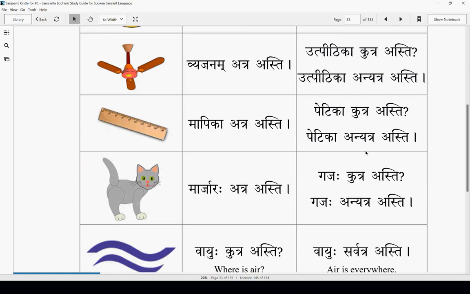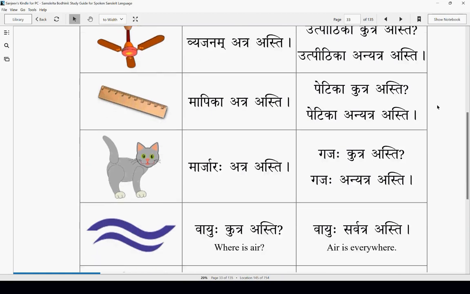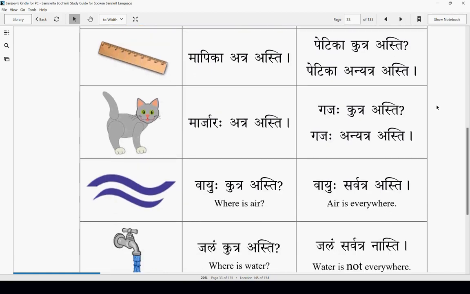Mapika atra asti. Petika kutra asti. Petika anyatra asti. Marjarah atra asti. Gajah kutra asti. Gajah anyatra asti. Vayuh kutra asti. Where is air?